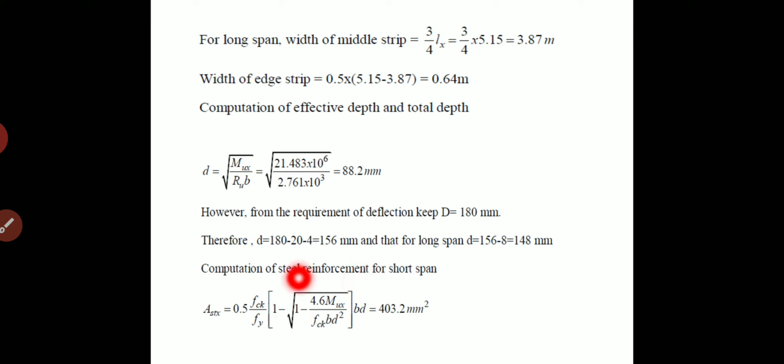Put all the values in this formula. Now we get the value 403.2 mm square.